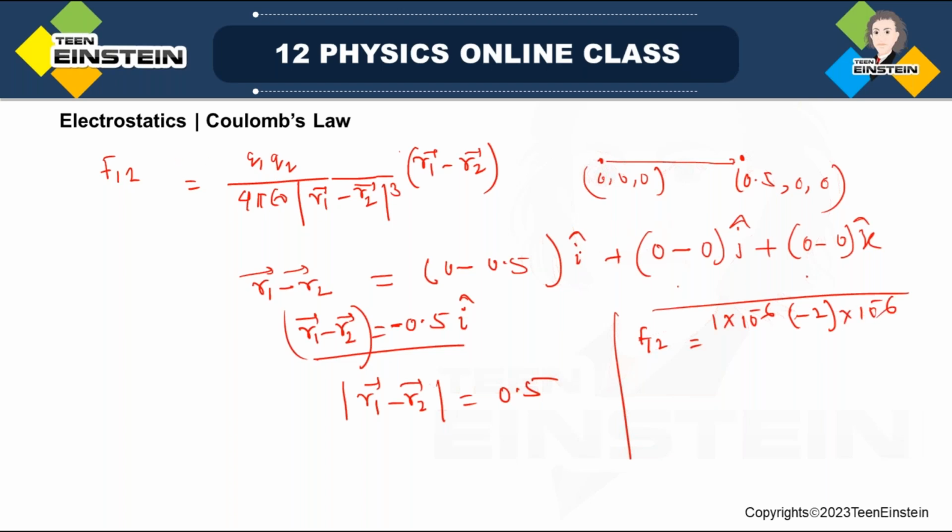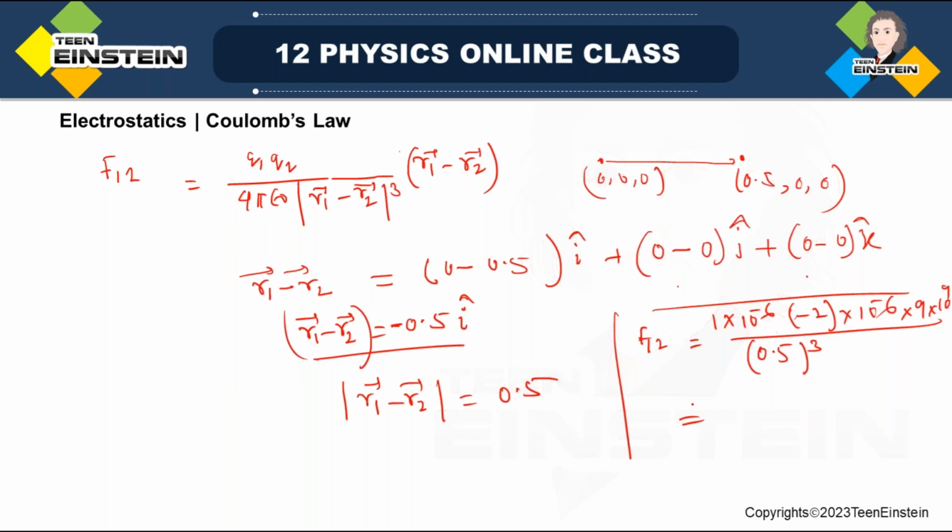So q1 q2 by 4 pi epsilon naught, I'll put as 9 into 10 to the power 9 nearly, and divided by 0.5 mod, so the cube of this. So this will give you a value.